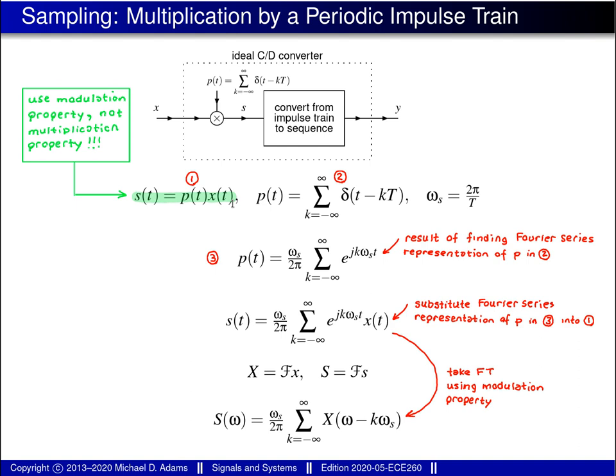We know exactly what the function little p is. Furthermore, little p is periodic, so it can be represented in terms of a Fourier series. If we represent little p in terms of a Fourier series, we can then use the modulation property of the Fourier transform in order to very easily take the Fourier transform of the given equation. Since this would avoid any need for convolution, we will proceed by this approach.